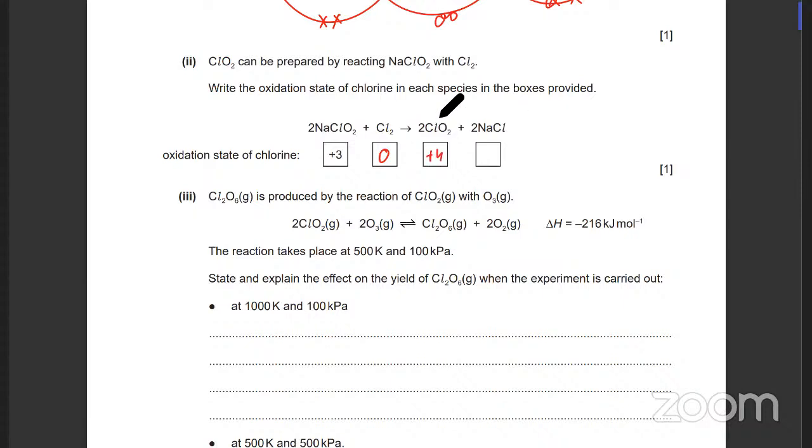Well, oxygen is -2, so that's right. And what is Cl over here? That's -1. So you have this reaction. State and explain the effect on the yield of Cl2O6 when the experiment is carried out at 1000 kelvins and 100 kilopascals.